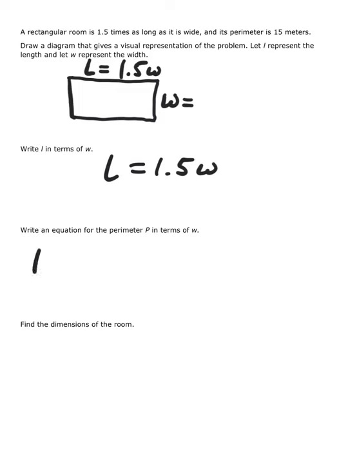Okay, well, perimeter, if you go around the rectangle, you travel the length twice and the width twice. We've just rewritten L as 1.5W.